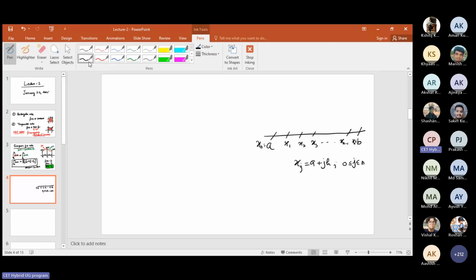So if we have to make n+1 partition points, then how will our Simpson's 1/3 formula look? For that, the corresponding values f0, f1, f2, f3, assume that here there is f4, like that, then dot dot dot, suppose here is fn. So there will be some function which will be passing through these points.